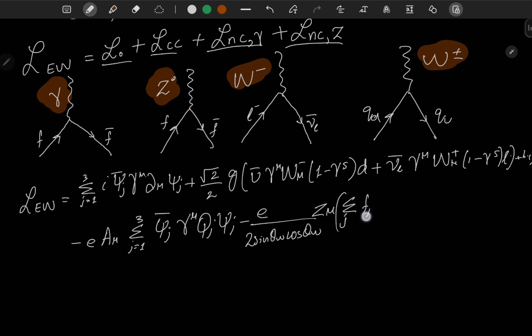J, and it was also convenient to use this to make a distinction. Anyway, this is the last term, which corresponds to the neutral current mediated by the Z boson.